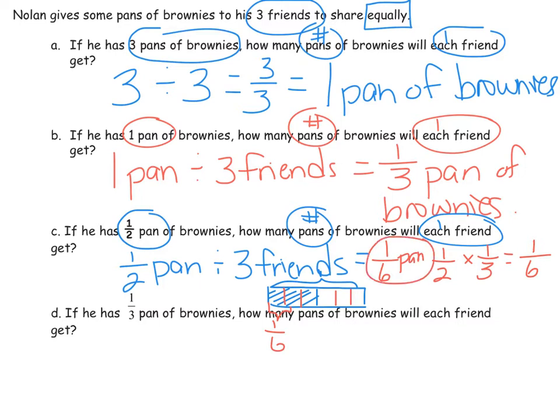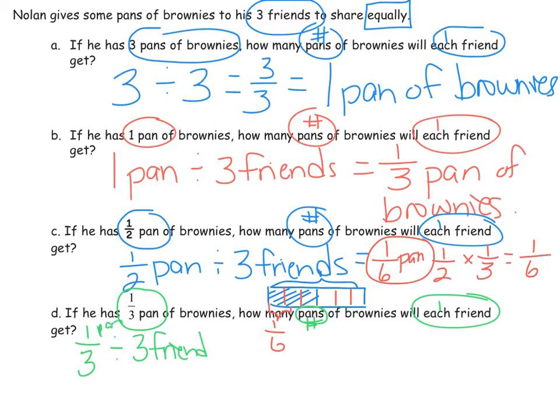Part D, if he has 1/3 a pan of brownies, how many pans of brownies will each friend get? So I have 1/3 divided by my 3 friends. That's my pan.